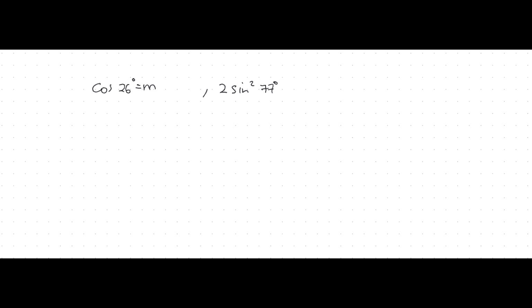So what I'll show you now, let's go ahead and we have cos 2 theta is equal to 1 minus 2 sine squared theta. This is a double angle for cos, the one that has sine squared. It would be easier to use this one because we are trying to find this.